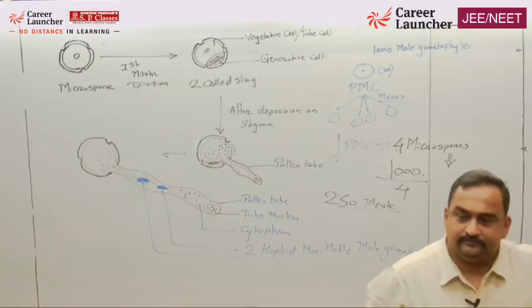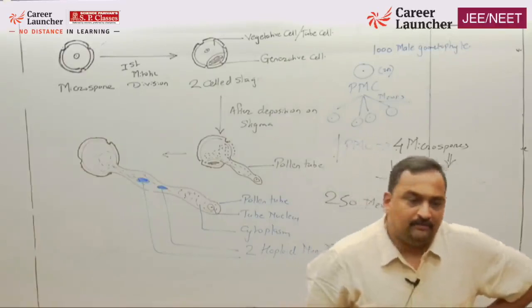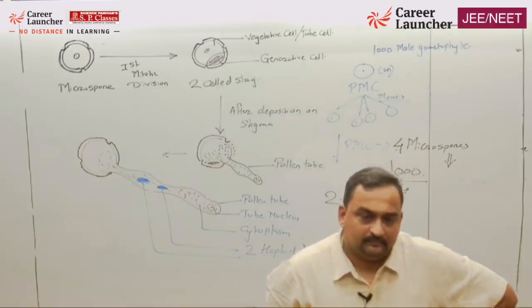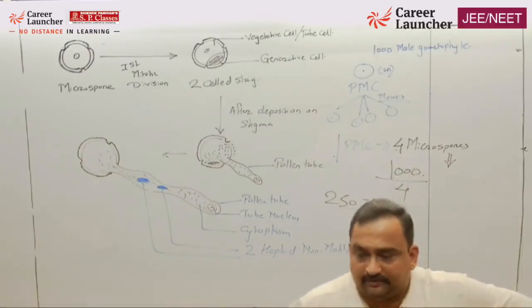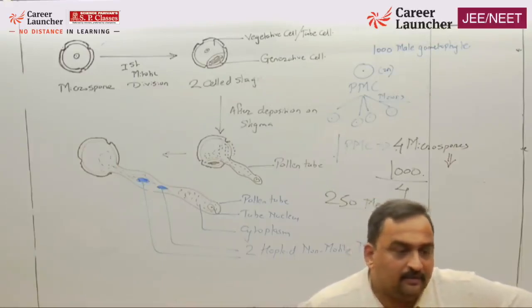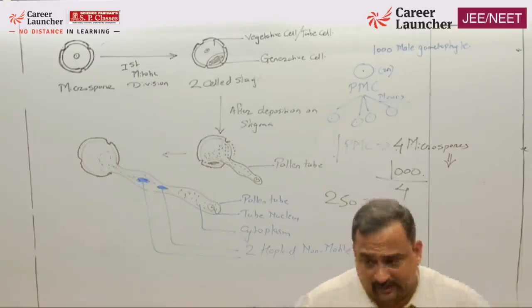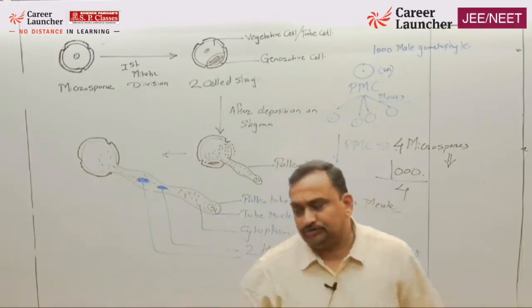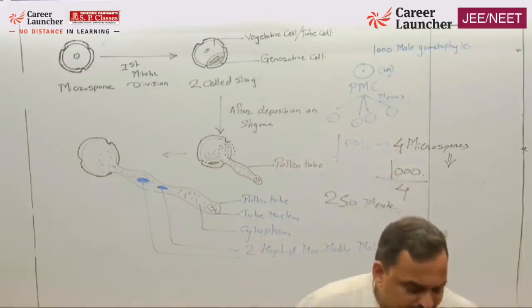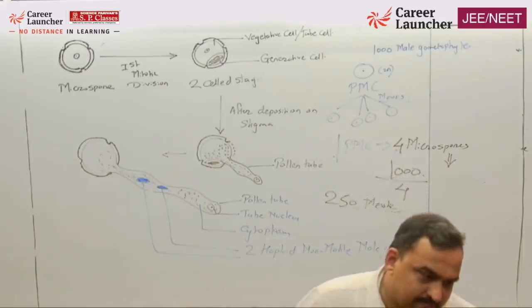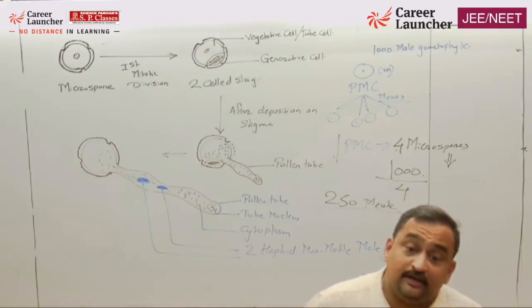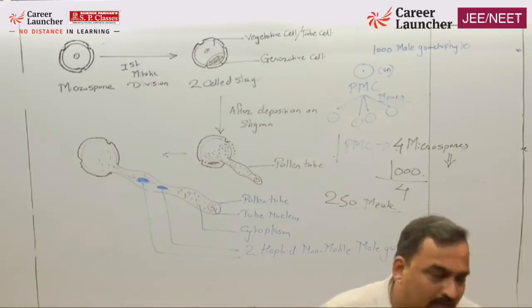Therefore, for 1000 male gametophytes, 1000 divided by 4, that is 250 meiotic divisions, which will give 1000 pollen grains or microspores.